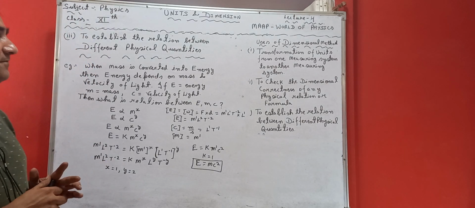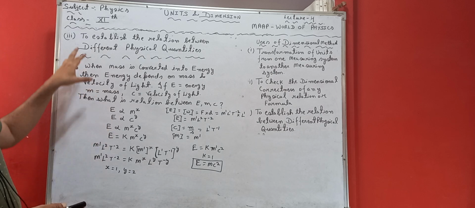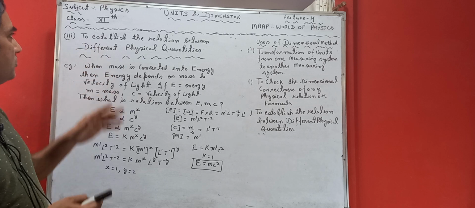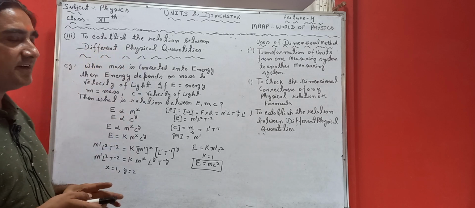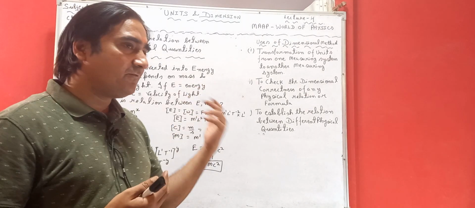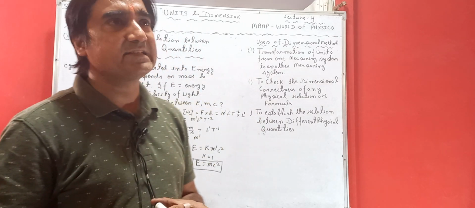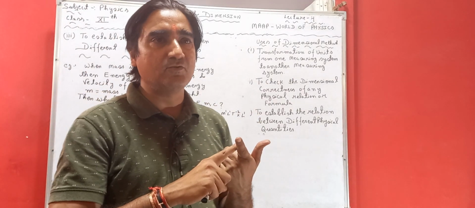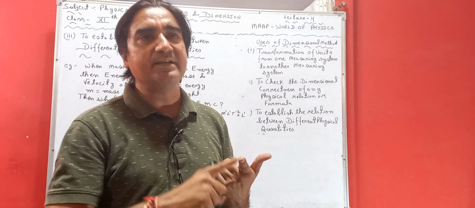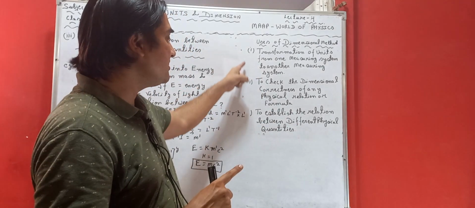This is the way we have discussed this third application, that is, how to establish the relation between different physical quantities. So till this fourth lecture, we have discussed what units are, what fundamental or base units are, what derived units are, what dimensions are, and the different uses of dimensions.